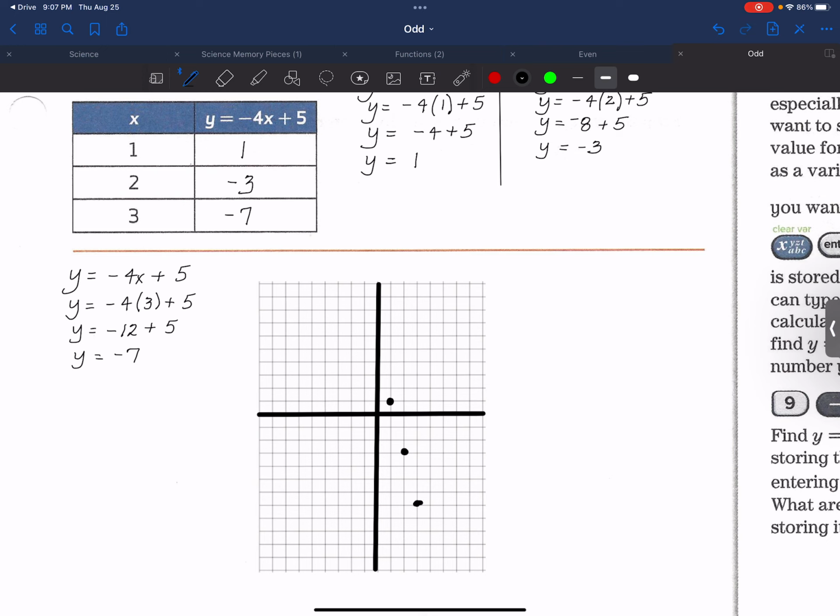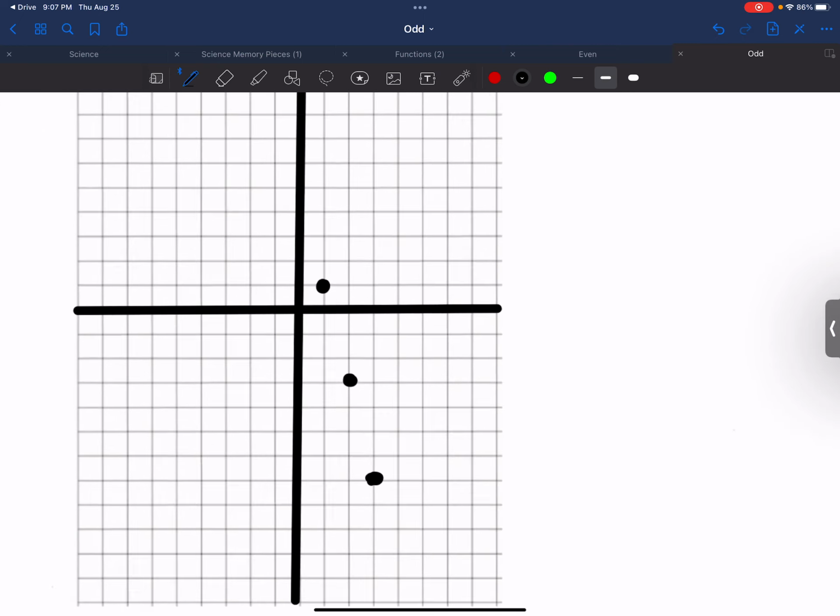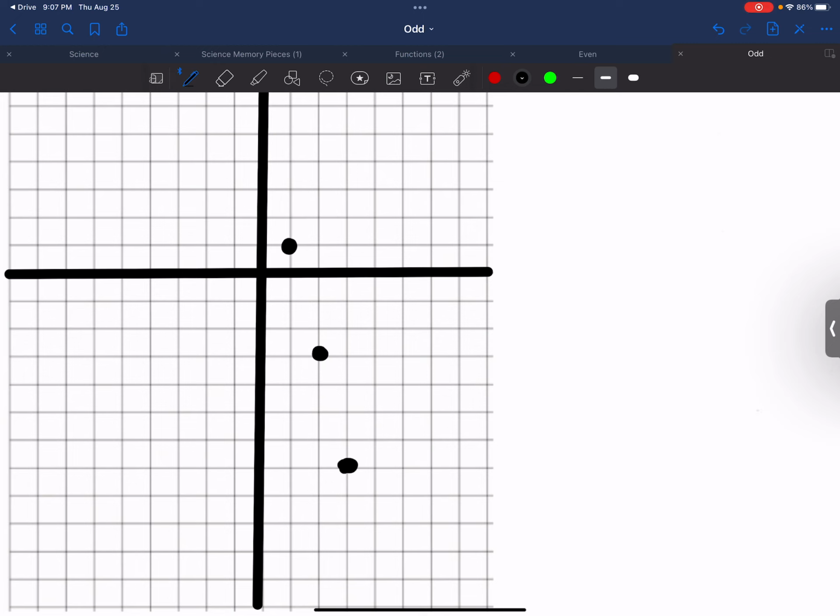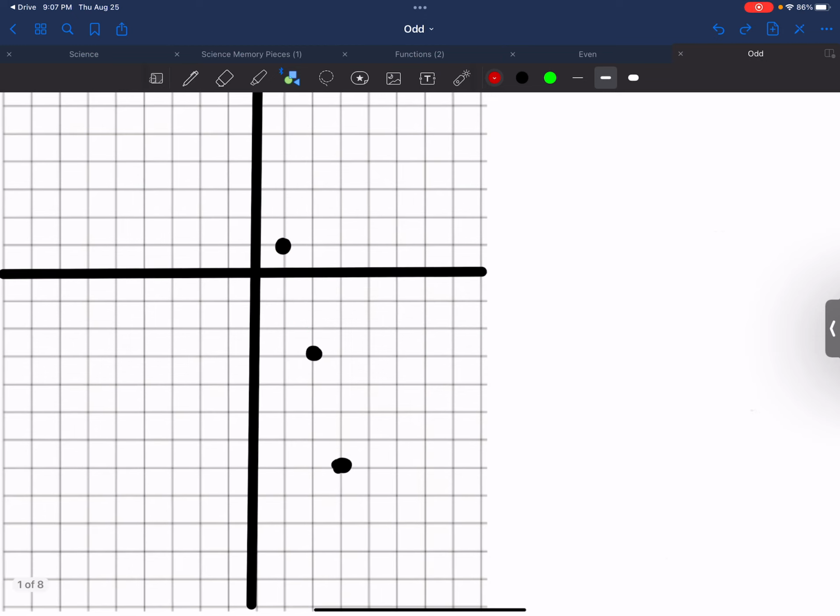Now, if this doesn't make sense, I would encourage you to speak to your instructor, because it's important that you get this pretty well nailed down. Okay. So this is a line with a very, very steep slope, and it is traveling in the negative direction.